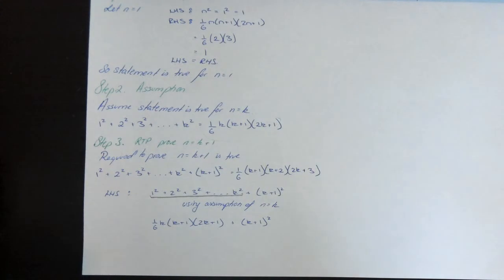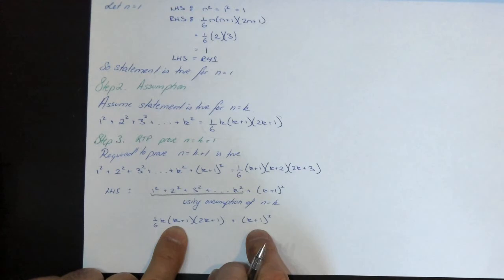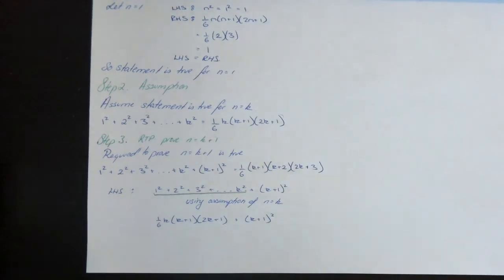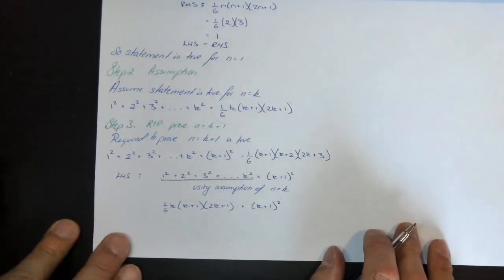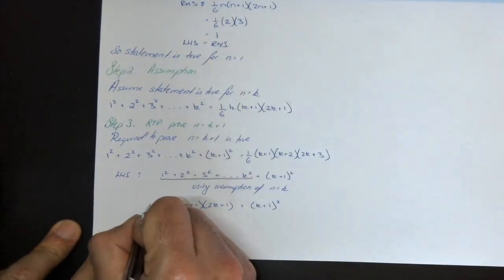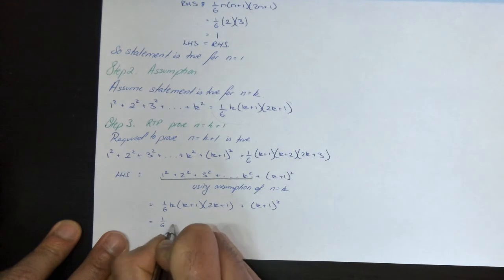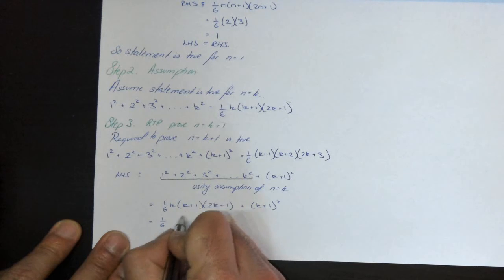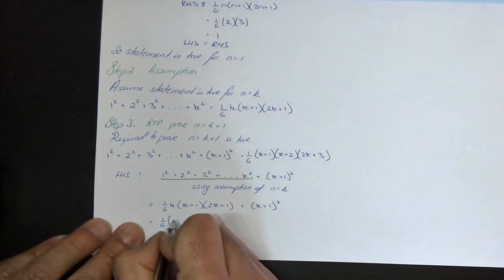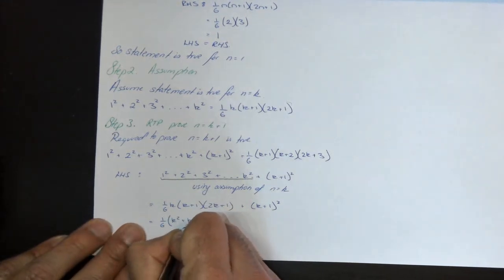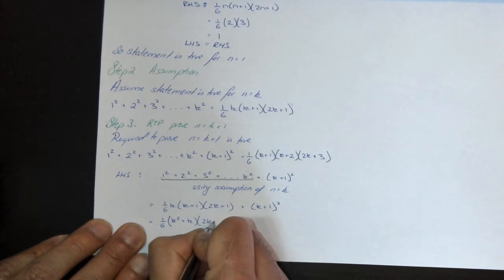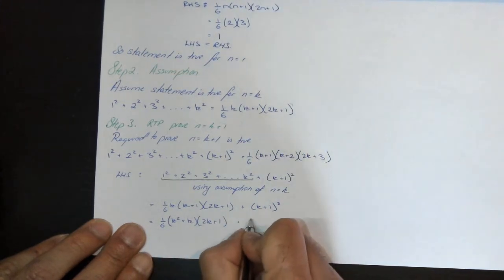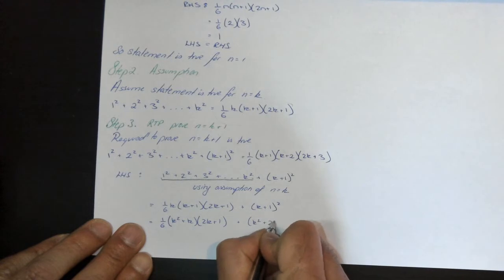I could take out a factor of k plus 1, or I could do this. I'll expand this part first. So I get k squared plus k, and I'll expand that, so k squared plus 2k plus 1.